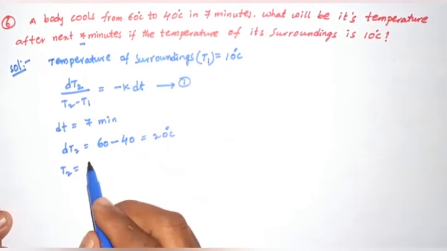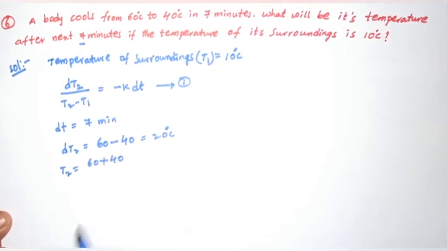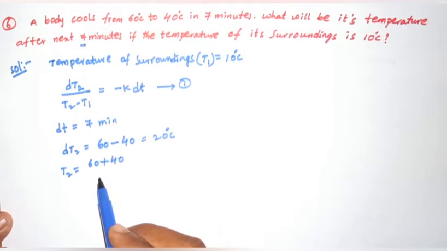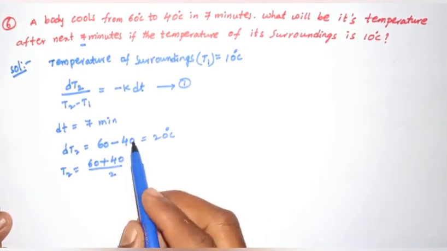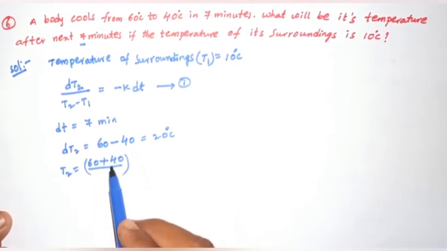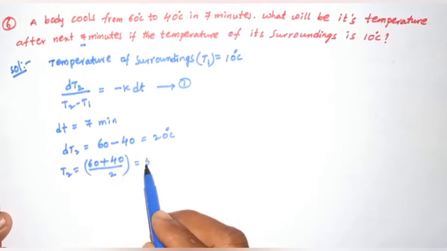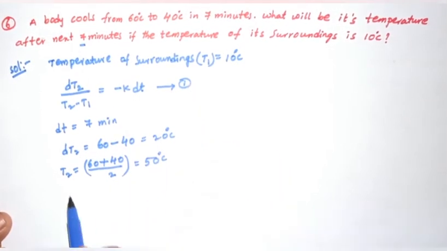What is the average here? 60 plus 40 divided by 2, that equals 100 by 2, equals 50 degrees Celsius. We can substitute in equation number 1.